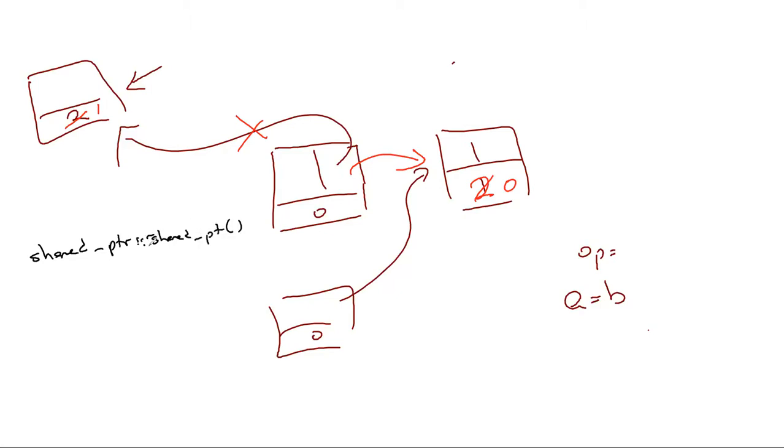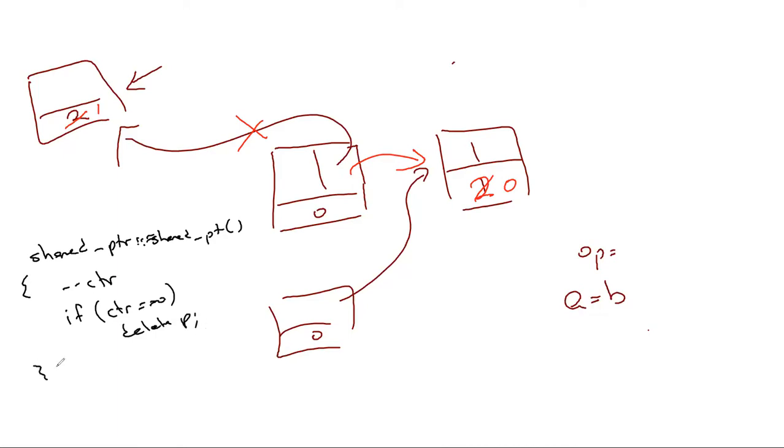It's a destructor of shared PTR, and inside it would say, counter minus minus, and if counter is equal to 0, then delete the P. Else, don't delete the P.